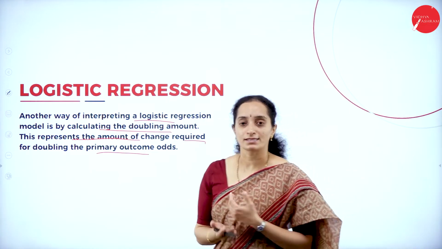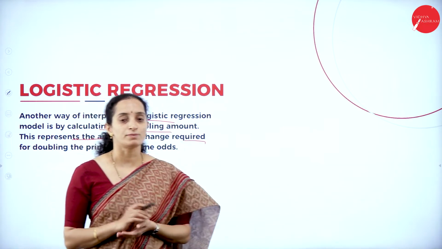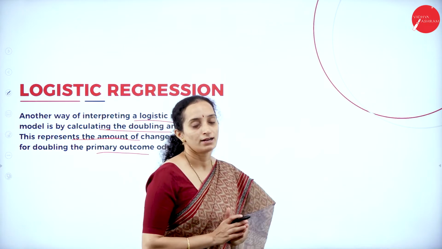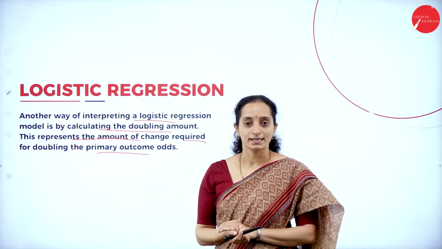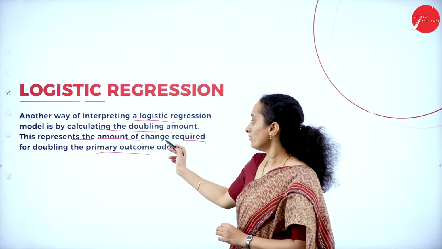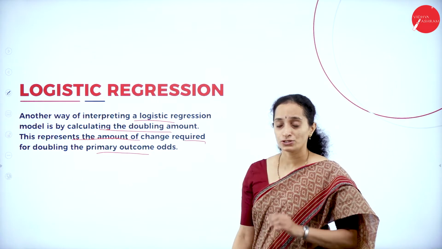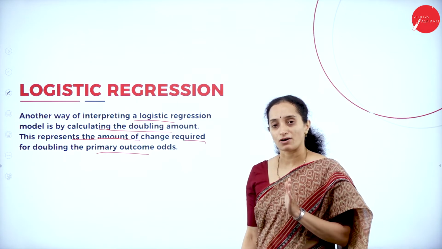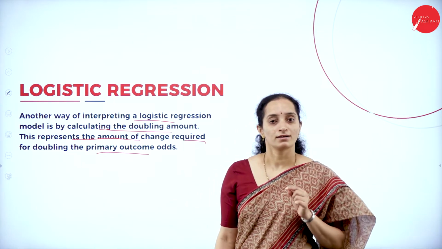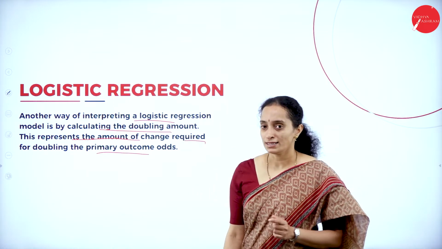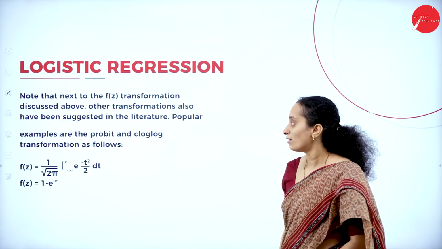Since it is predictive, you can't exactly say whether the values will be doubled or will increase by what we have predicted in our expression. So we use the doubling amount to exactly check or interpret the value obtained by the logistic regression model.